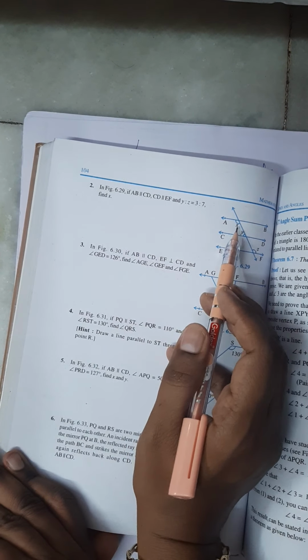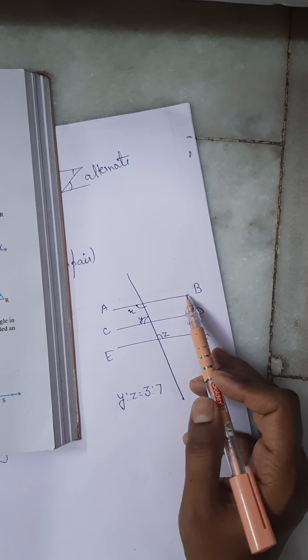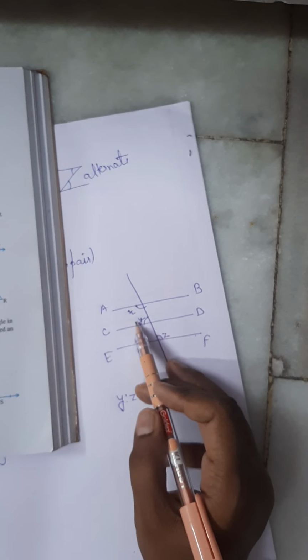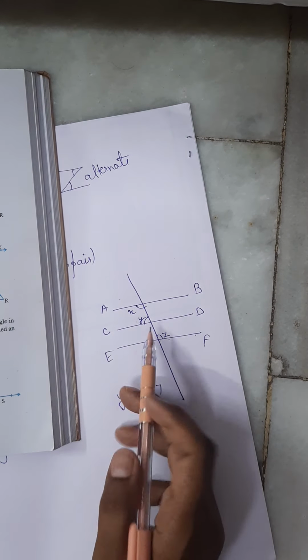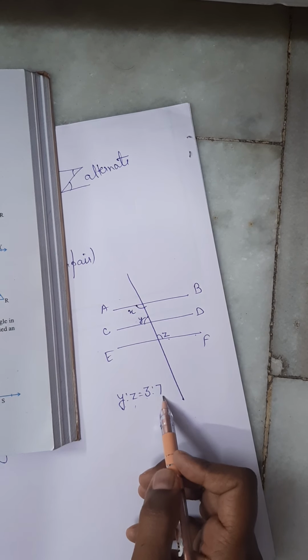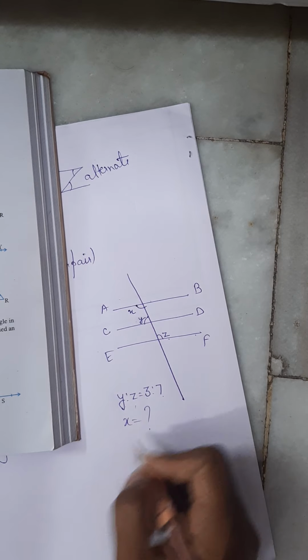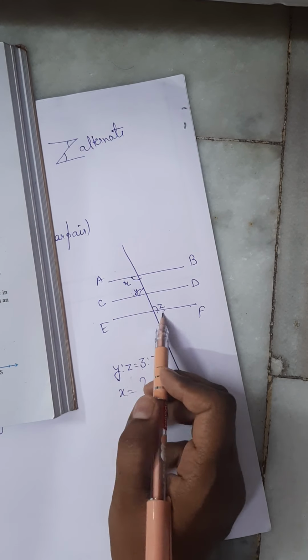So let us see the calculation for this also. Just see, you were given that AB, CD, EF, they all are parallel. x, y and z, these types of angles are marked. You are given that y is to z, here is y, here is z, is 3 is to 7. The question wants us to find this x. Now see, y and z don't have any relation.